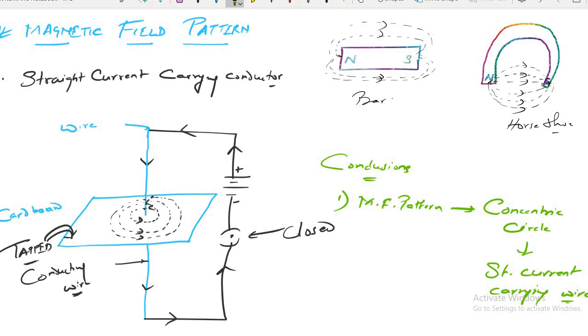So if somebody asks you how the magnetic field pattern looks for a straight current carrying wire, the answer will be, sir, concentric circles. Yes or no? Yes, sir. Very good. Remember a few more things from this point.